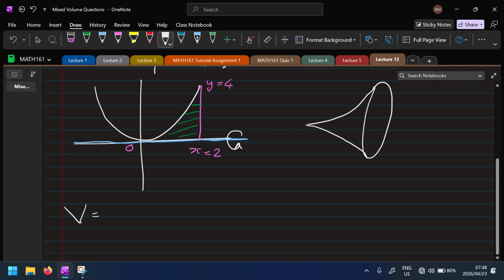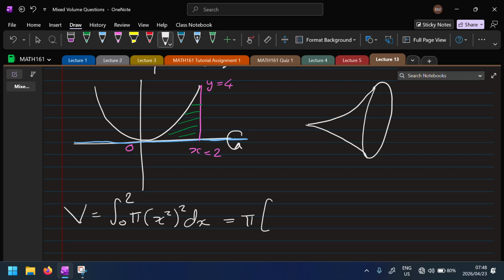So the volume will be the integral from 0 to 2, start of the shape, end of the shape, pi times the radius squared, dx, because we're going along the axis of rotation. Okay, so this will be pi, x squared squared, x to the 4.